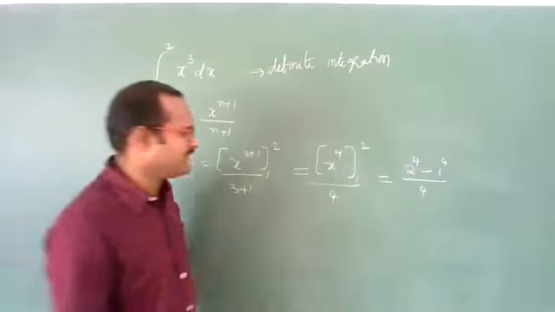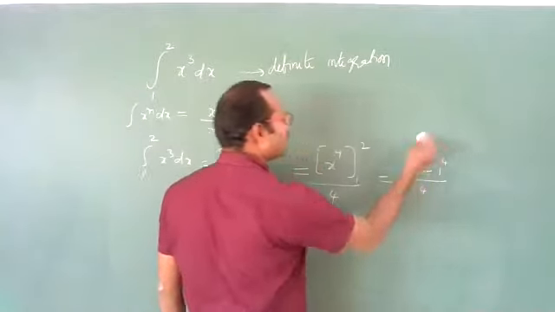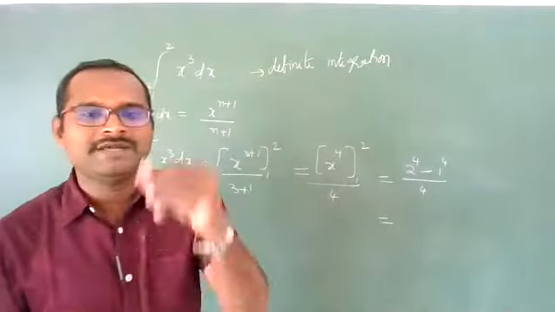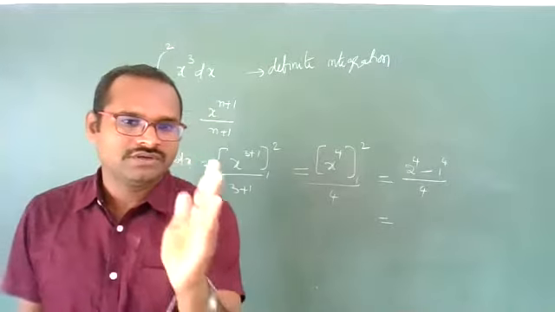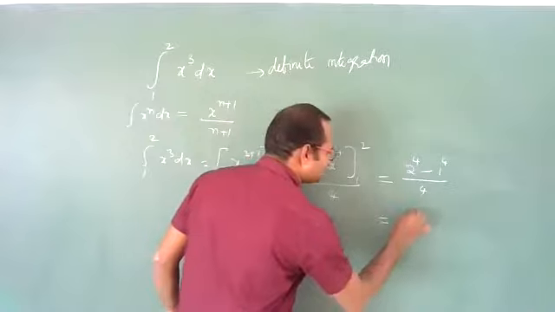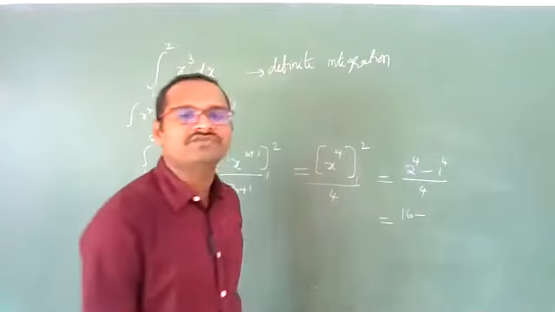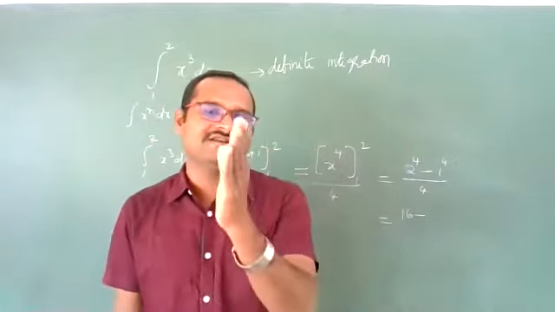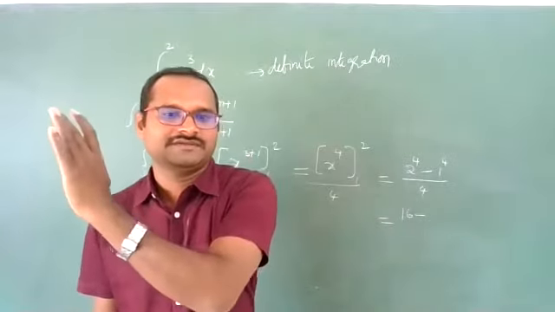Whatever you get will be the answer. So 2 power 4 is how much? 2 multiplied 4 times: 2 2s are 4, 4 2s are 8, 8 2s are 16. It is 16. 16 minus 1 power 4; 1 multiplied 4 times is 1.